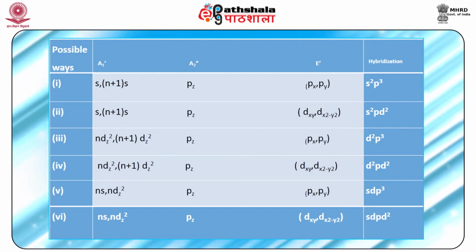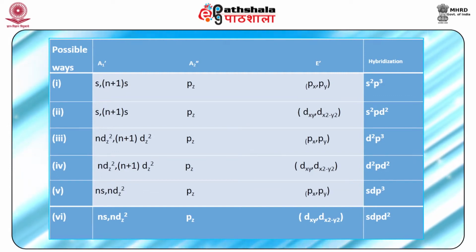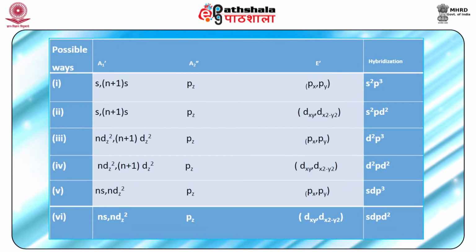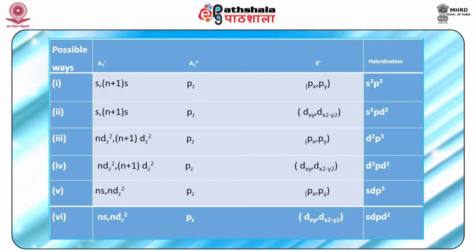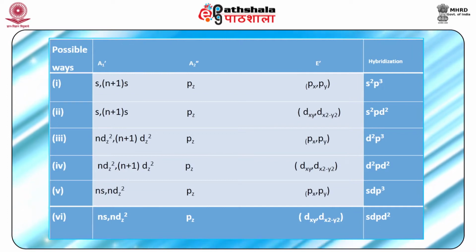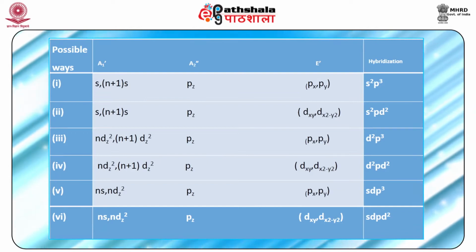Number 4, nz square, n plus 1 z square, pz orbital, then dxy, dx square minus y square, that is pd4. Number 5, ns, dz square, pz, px, py, sdp3. Number 6, ns, nz2, pz, dxy, dx square minus y square, spd3. So we have these 6 possible combinations.